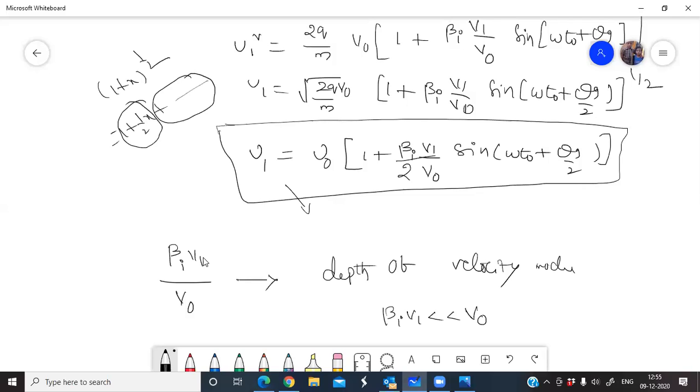That's why beta i V1 is less than V naught, and the term beta i V1 by V naught is known as the depth of velocity modulation. That means in the two cavity klystron amplifier, before the buncher cavity and within the buncher cavity, after the buncher cavity, up to that point is completed.